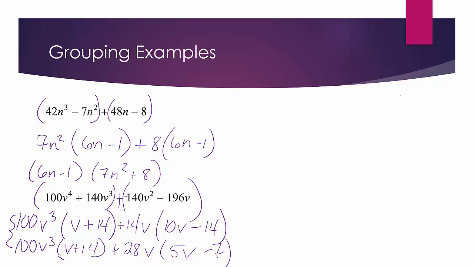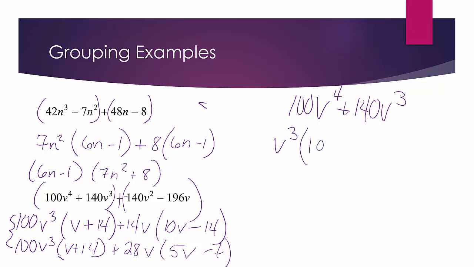So we have 100v to the fourth plus 140v to the third. I want to get this down to 5v minus 7. I can do that. I pulled out too much last time. So let's look at pulling out the v to the third. We'll do that first.